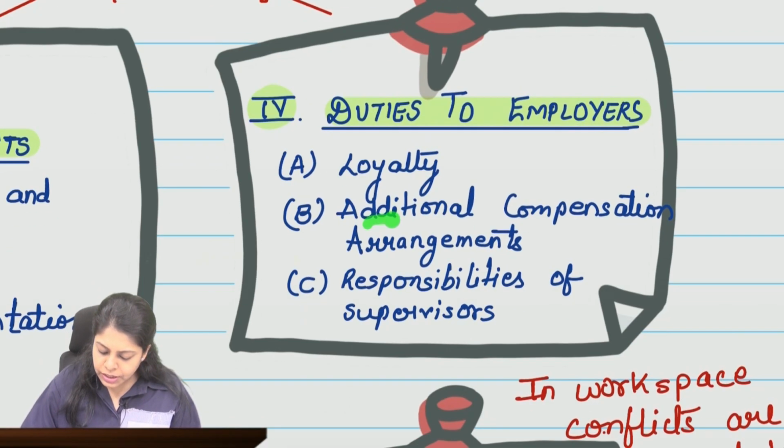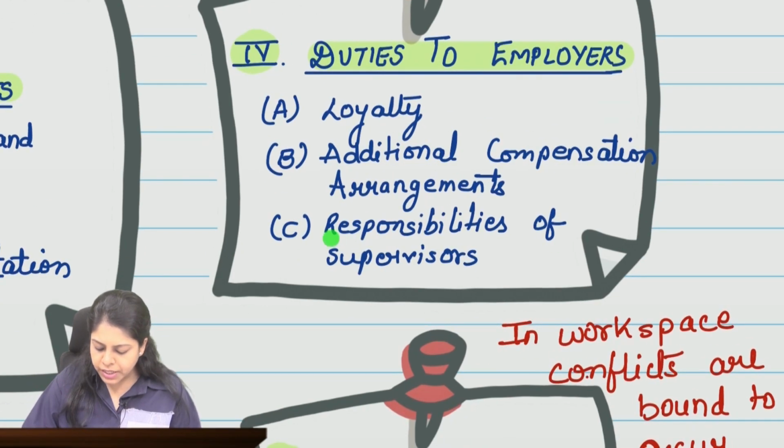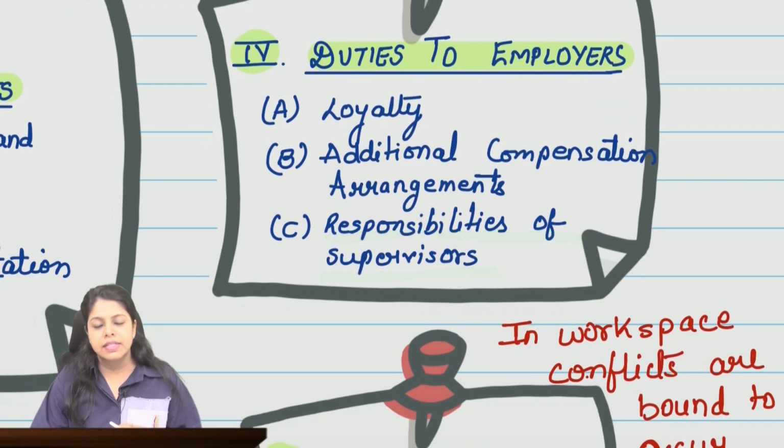The second is additional compensation arrangements. For example, having a job on the side or doing anything or accepting any gift that might create a conflict with your employer. So in such situations, you must always disclose whatever conflict is there to all the parties involved. The third subsection is responsibilities of a supervisor.